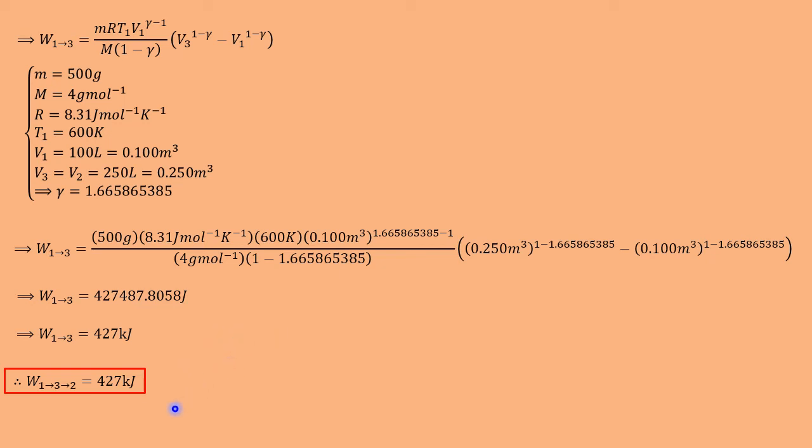It simply boiled down to the work done from process 1 to 3. That's why we focused on process 1-3 and finally concluded with this work done for the gas in going from stage 1 to 3 and to 2.